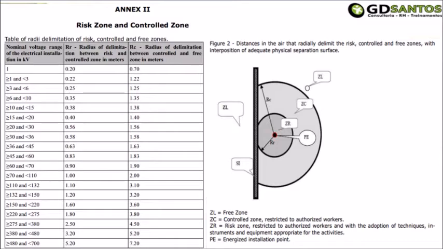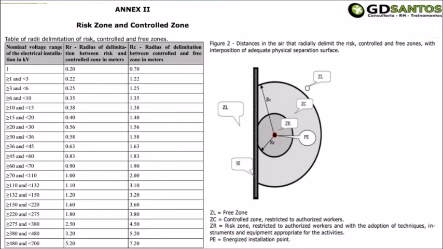This is the risk zone. This is a 38 centimeters radius. So for going to the controlled zone, the value we find in the NR10 table is 1 meter and 38 centimeters. Adding up these two values, we have approximately 1 meter and 80 centimeters.